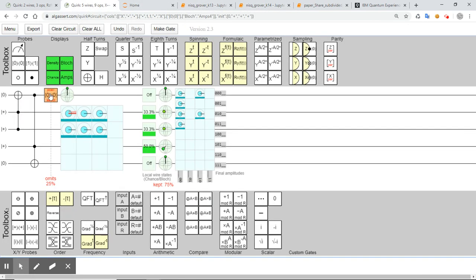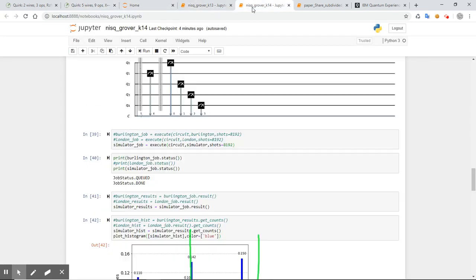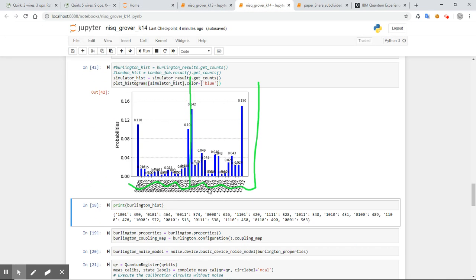Because with path selection, I think it shouldn't work. Right?